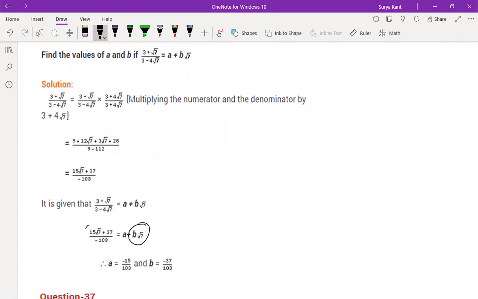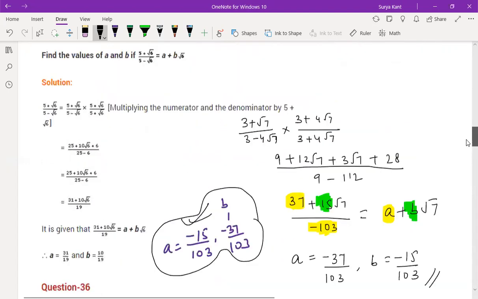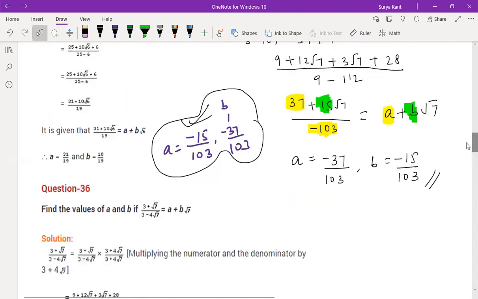So this is the answer of B, this is the answer of A. So you are correct, Akshit. If you do this much, you'll get, means 1 mark will get cut, okay? So our answer is correct.